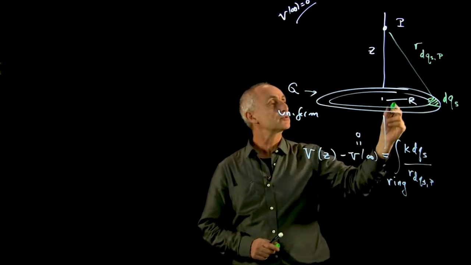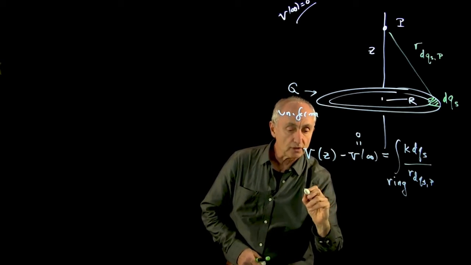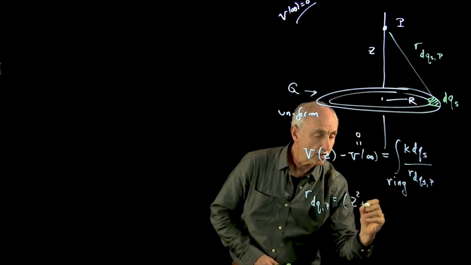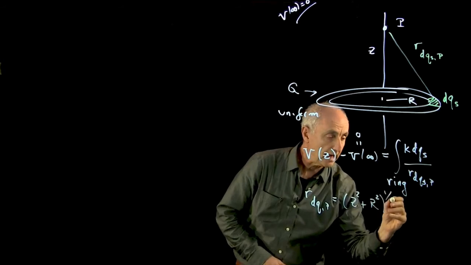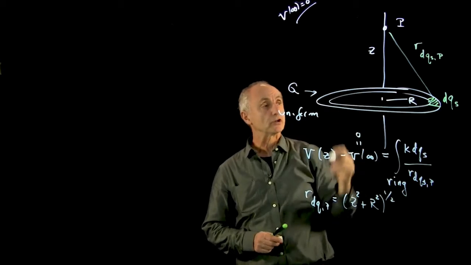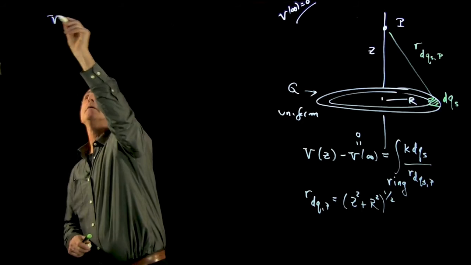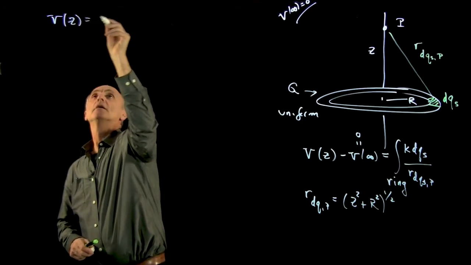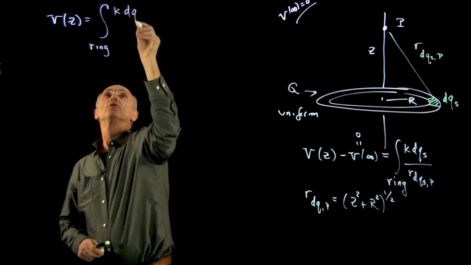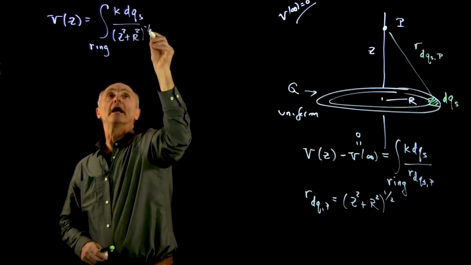And in the geometry of this problem, we can see immediately, without anything special, that this distance is equal to z squared plus r squared to the 1/2. And now that's going to produce a potential function. And we can write our integral now as V on this axis z is equal to the integral over the ring of k dq source over z squared plus r squared to the 1/2.